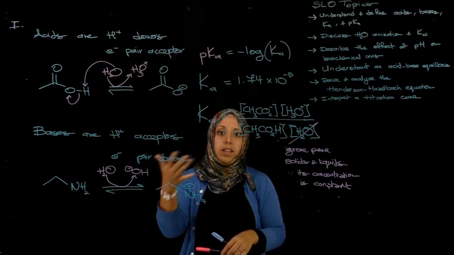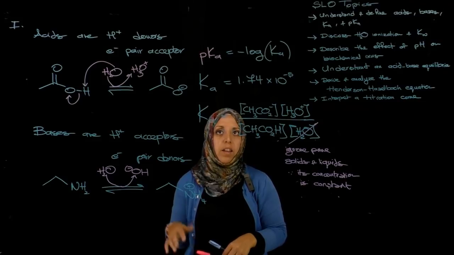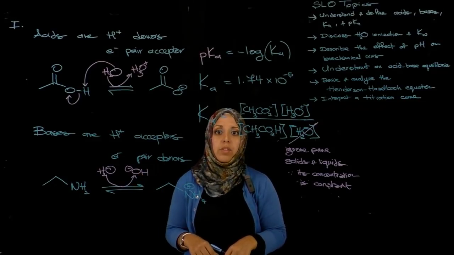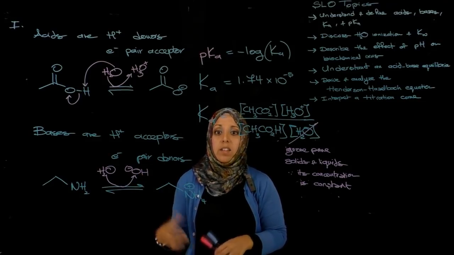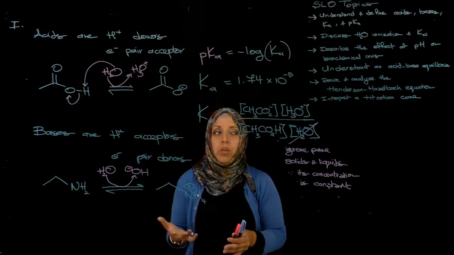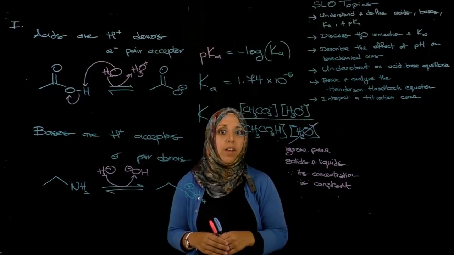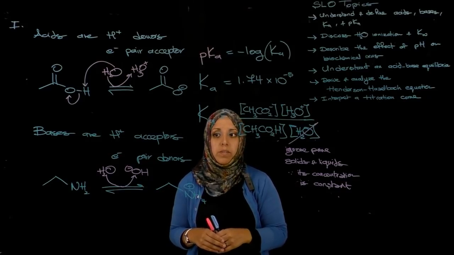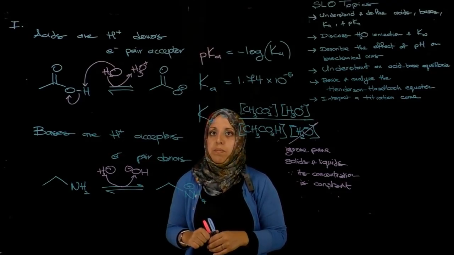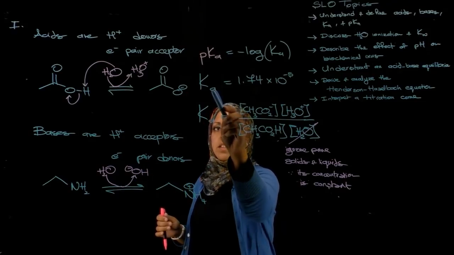And because its pKa is negative the logarithm of the Ka, then the smaller the pKa, the stronger the acid. In fact, very strong acids that completely dissociate in solution tend to have a pKa value below 0.